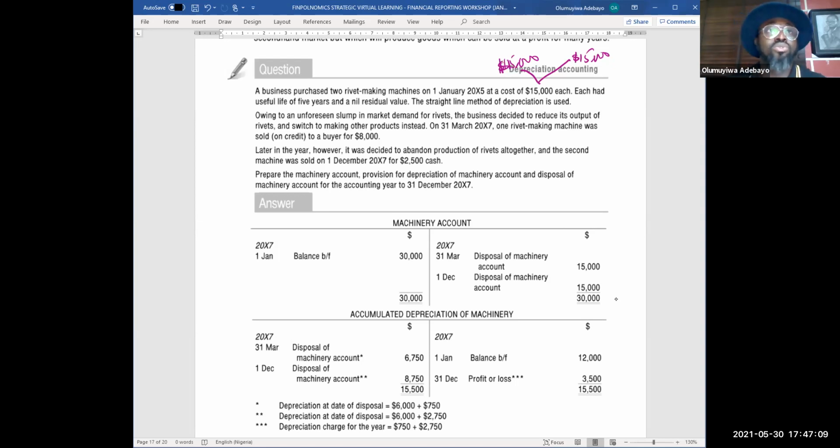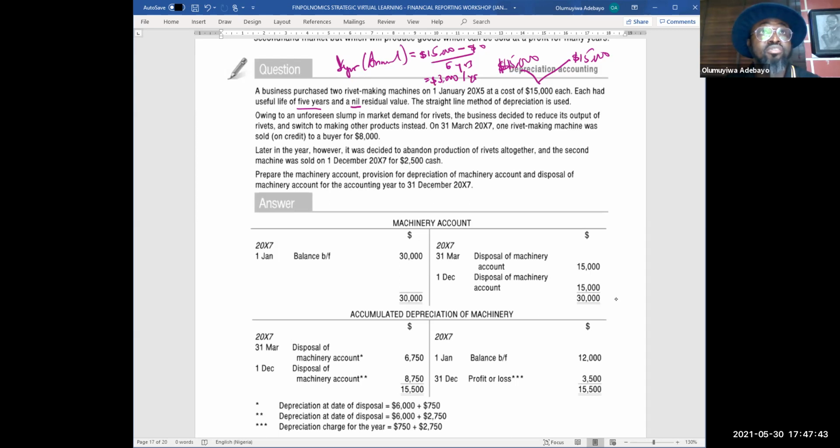Now what happened is that the machine is expected to last 5 years, which means the annual depreciation is 15,000 minus the scrap value, which is nil, 0, over 5 years. That gives us an average of $3,000 per year.